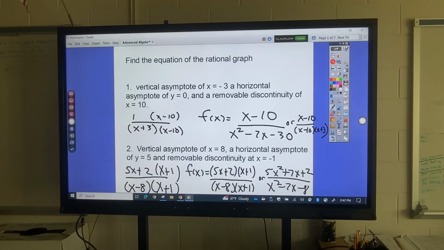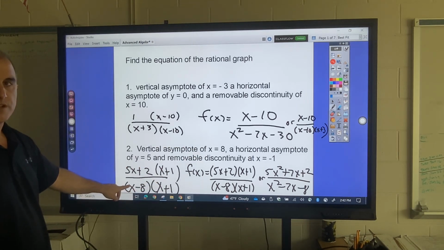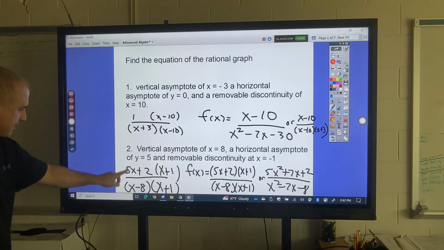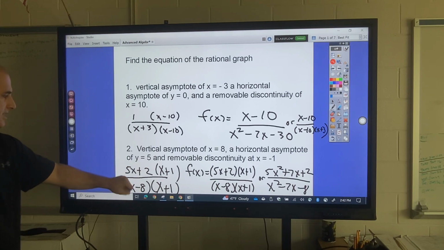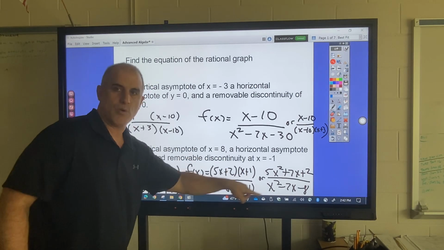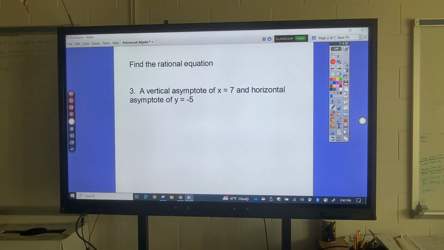Hopefully you saw that. So I would have started with x minus 8. Because the horizontal's got to be 5, I can put any number there that I want. The removable x plus 1, so I could have that, or if I multiplied that out, that's what I would get.